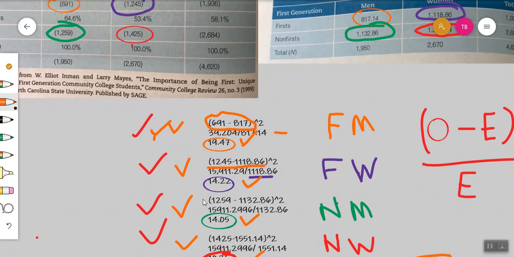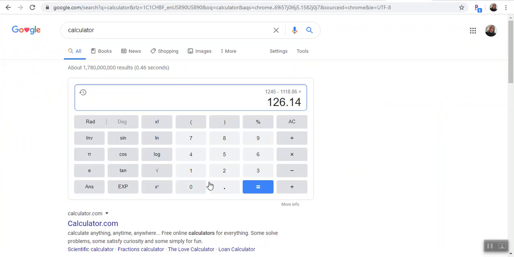We'll take the next one. 1259 minus 1132.86 equals 126.14.